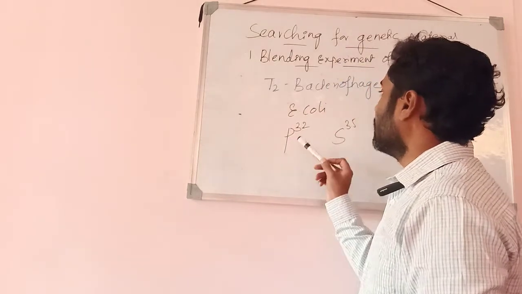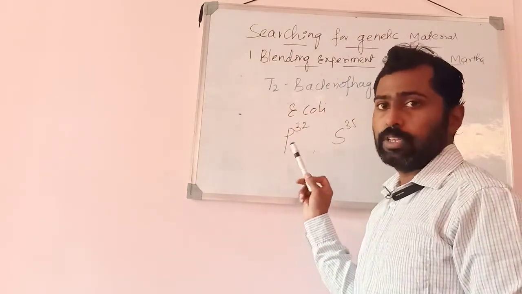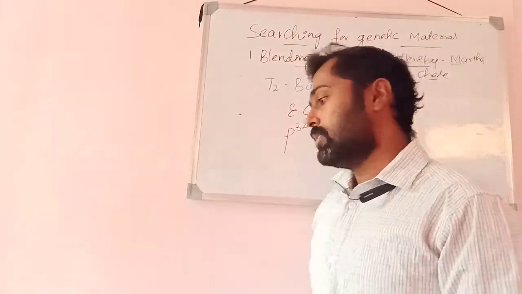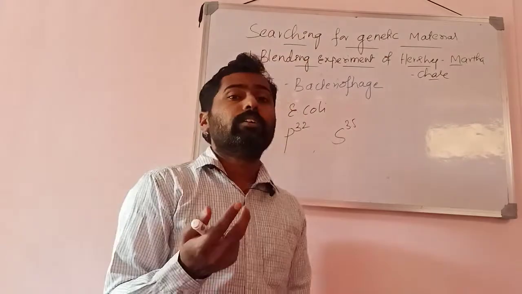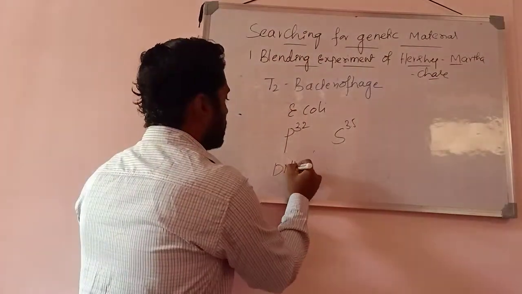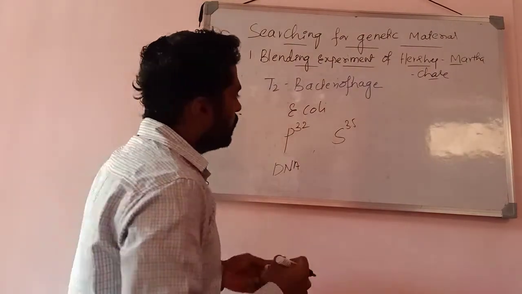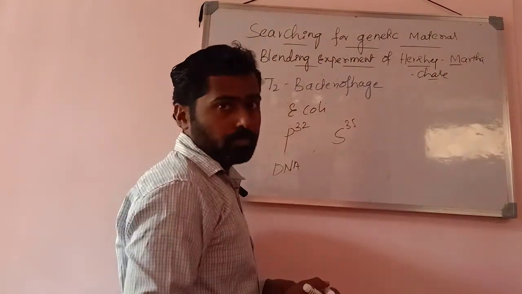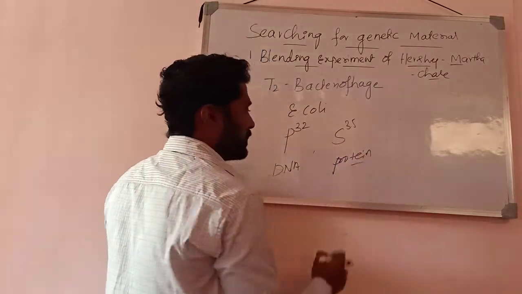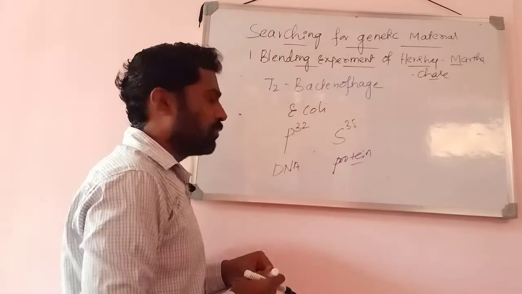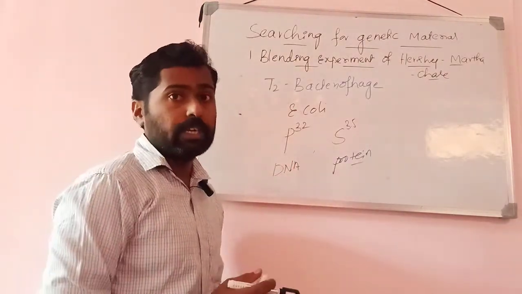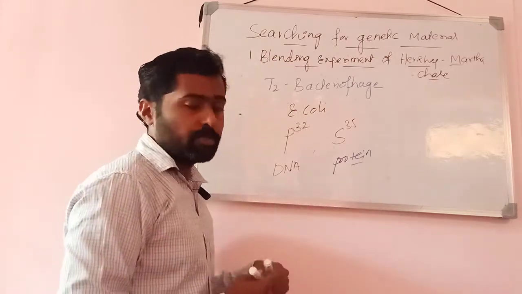You know that phosphate is found in DNA, but sulfur is absent in DNA. Sulfur is present in proteins, not in DNA.